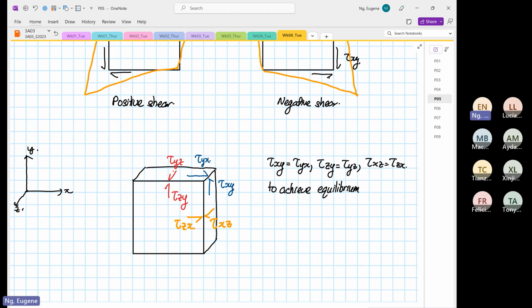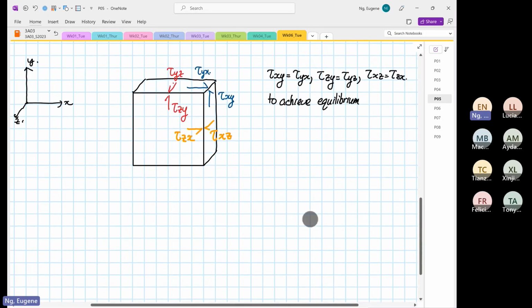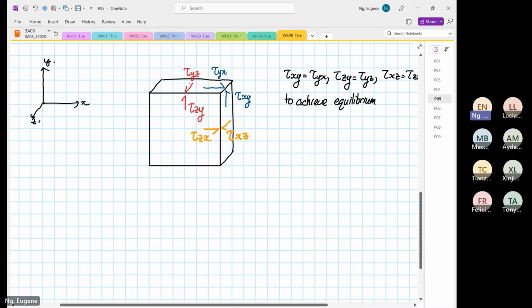If not, right, the element will start to rotate. Okay, so you have to achieve what? Equilibrium. Okay, right.